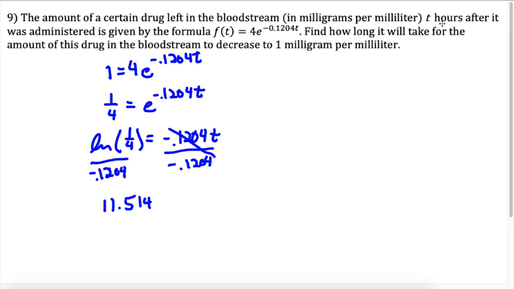So in this case, that was in hours, right? So the answer would be after about 11.5 hours, the amount of this drug in the bloodstream would decrease to 1 milligram per milliliter.